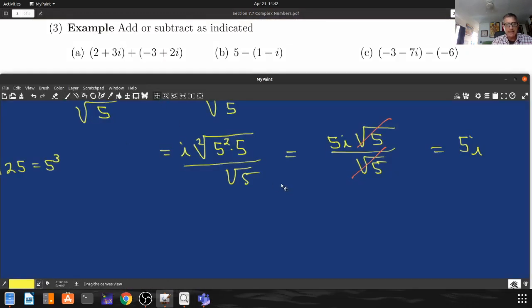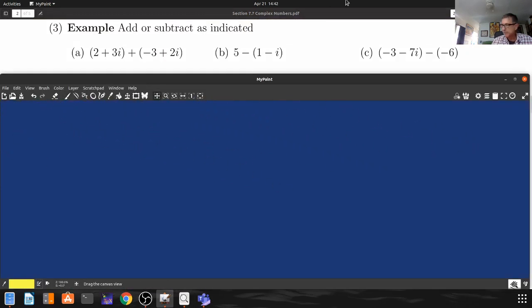So let's add together. My first complex number is 2 plus 3i. And I'm adding minus 3 plus 2i. So what I do is, since that's a plus there, I take my real part.